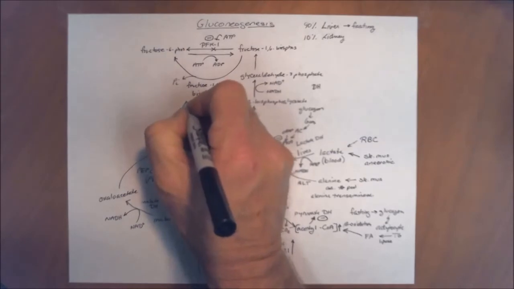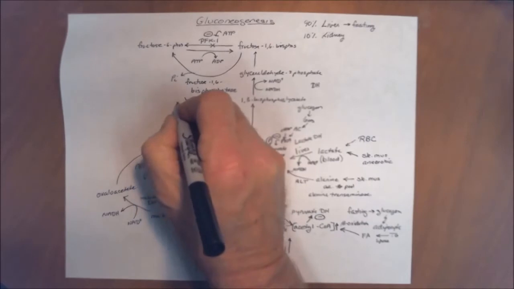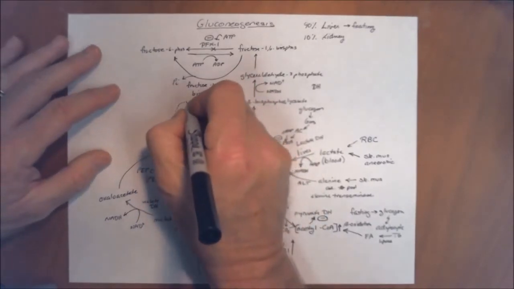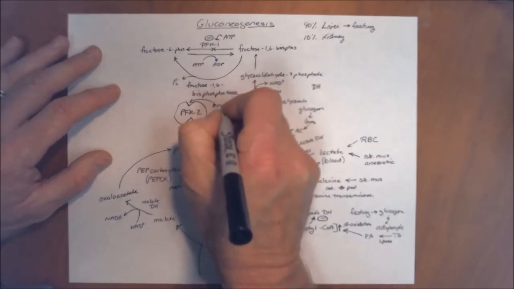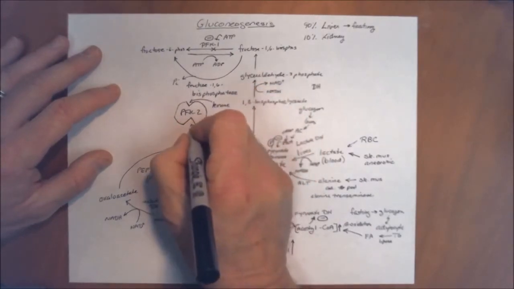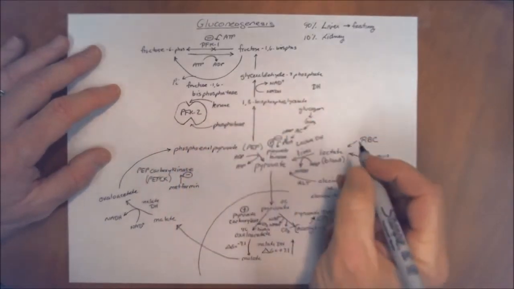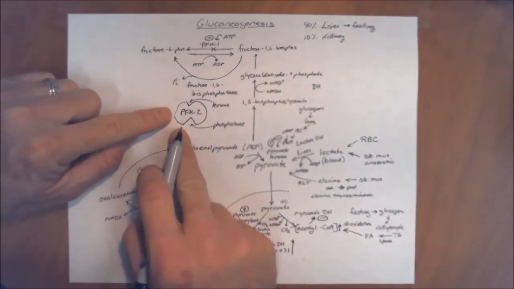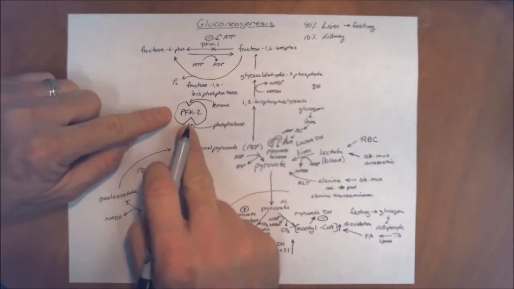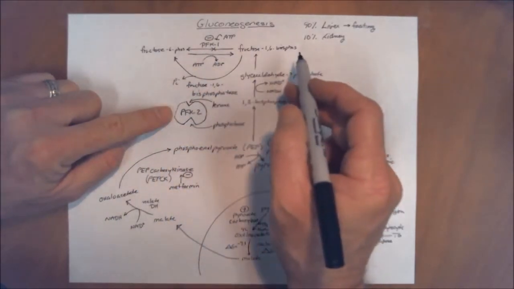This is a unique enzyme in that it is a double-headed enzyme, as I like to call it. One site on the enzyme has kinase activity. The other site has phosphatase activity. So from this, you can already begin to guess that this enzyme is going to be involved in phosphorylation and dephosphorylation reactions that will control another enzyme, that being PFK1.